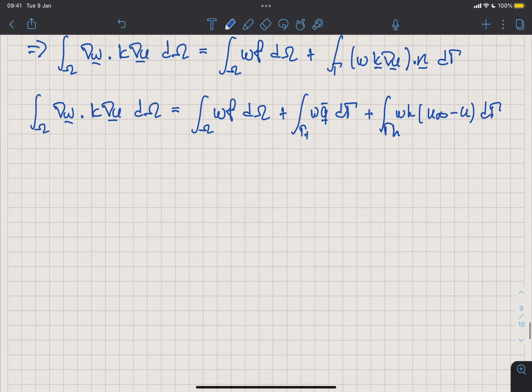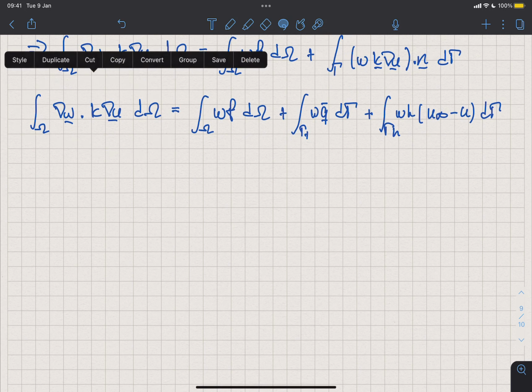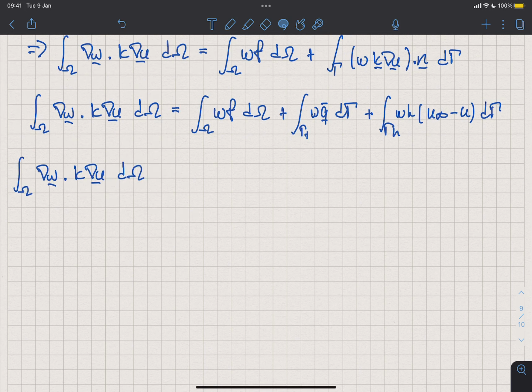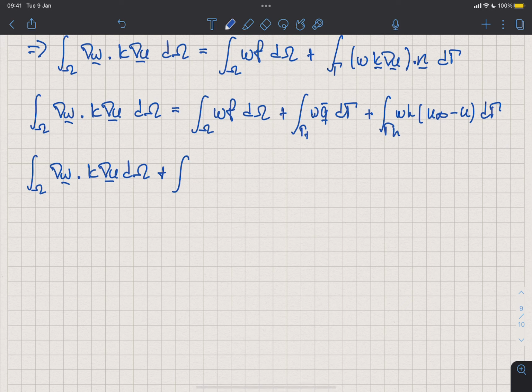So we can then rewrite this whole thing, and now we're going to replace that plus. Of course, the one that is negative is the one that goes to the other side. So we have the integral over gamma h of WHU d gamma is equal to this whole thing here.